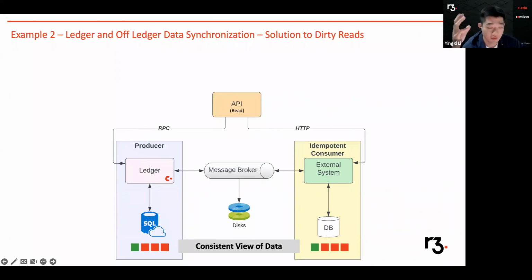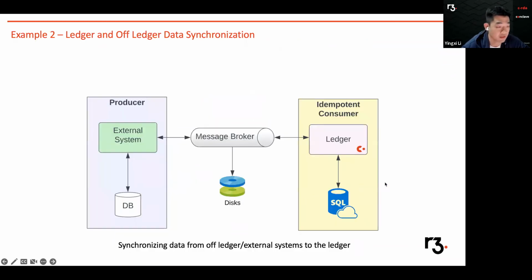It reduces the load of the overall transaction balance calculation, and it also provides a consistent view of the data. Right now, what you are looking at is the producer on the ledger, and the idempotent consumer as the external service. You can also reverse it the other way around.